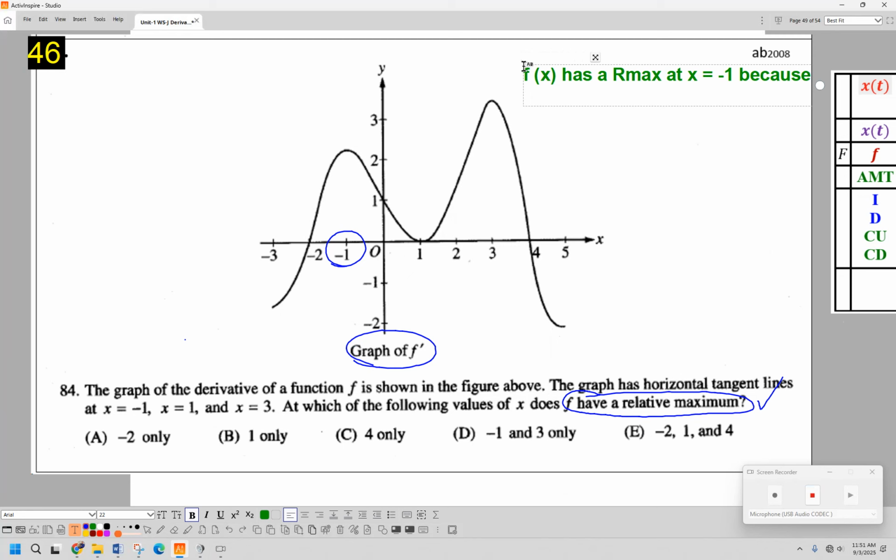And we're looking at a graph of what? F prime. Good. So you'd be saying f of x has a relative max at x equal -1 because f prime changes from increase to decrease, hence the peak, at x equal -1. So 2 more points for Samuel for a total of 4.